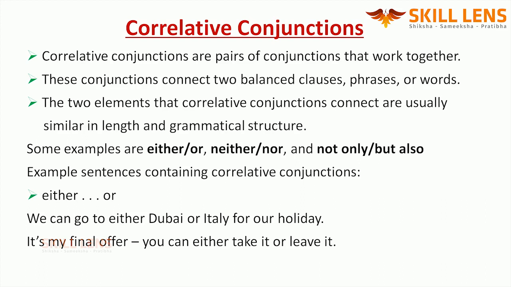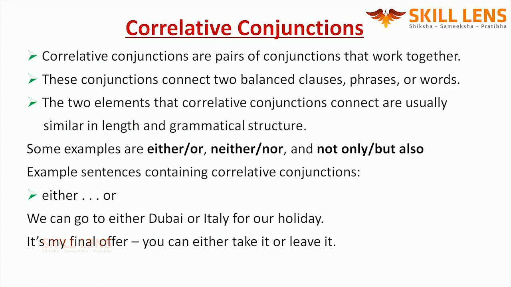You will note that there is quite some similarity between coordinating conjunctions and correlative conjunctions. However, with correlative conjunctions we use a pair of conjunctions to convey the correlation. Some of the examples are either or, neither nor, not only but also, and so on.